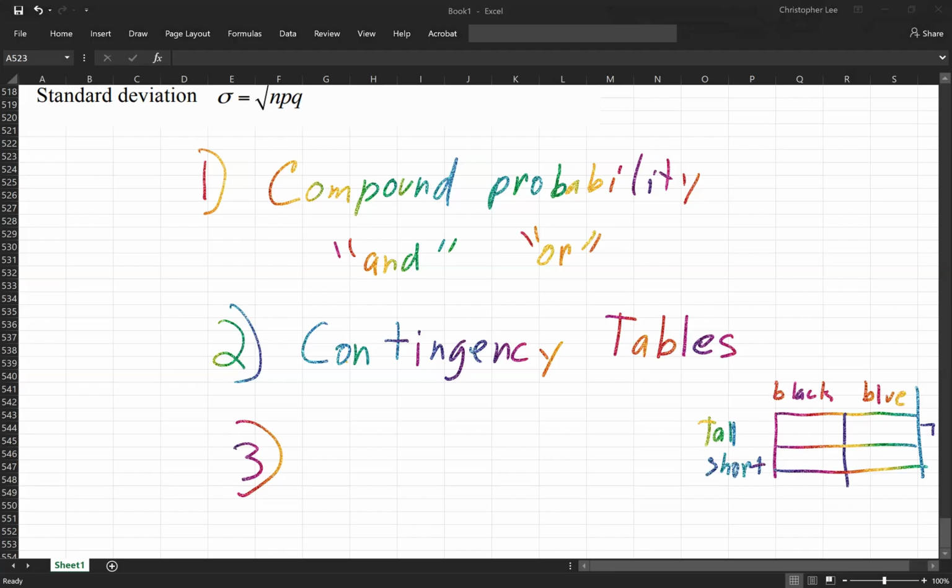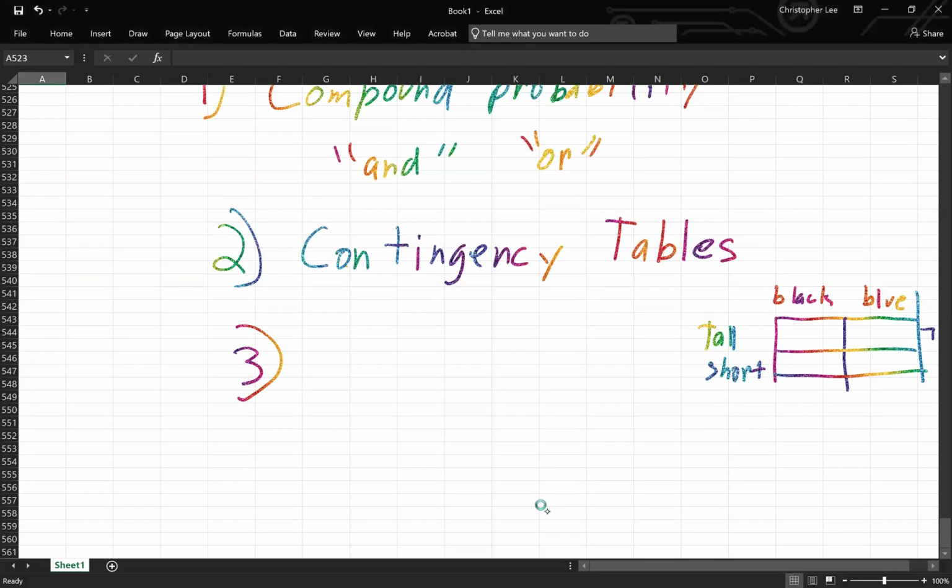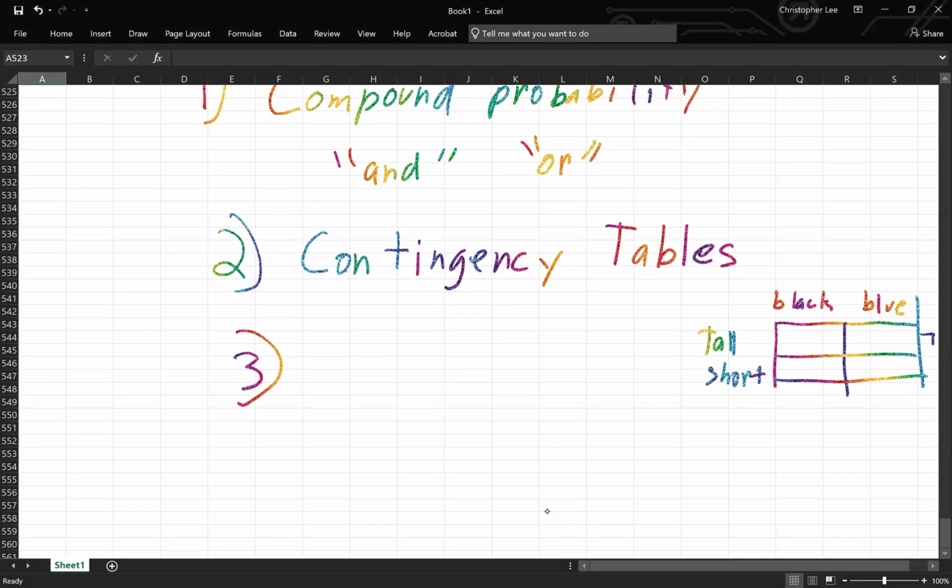let me see what else. The binomial distribution, that'll be on it. That's what we did yesterday and today. Scatter plot will be on there too.